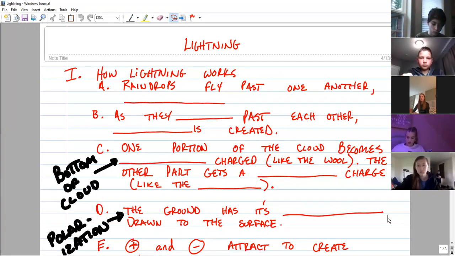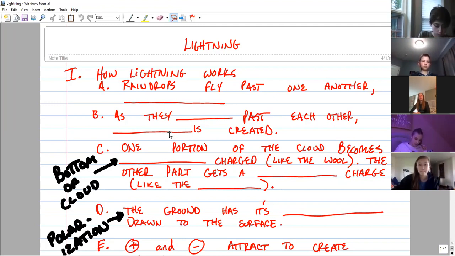But if I get silence on that, then I need somebody to help us out with this blank here on capital letter B. What is this? What am I trying to gesture here? What are we creating when something slides past something else, whether it's wool on a plastic tube or a balloon on hair or two water drops sliding past each other? What are we making?